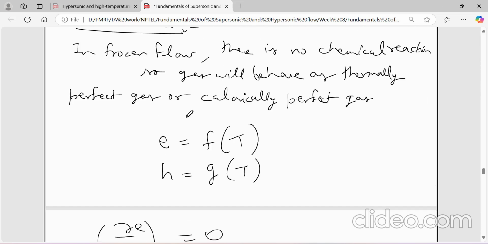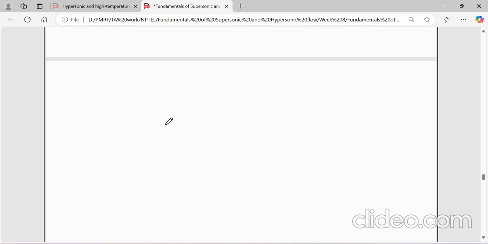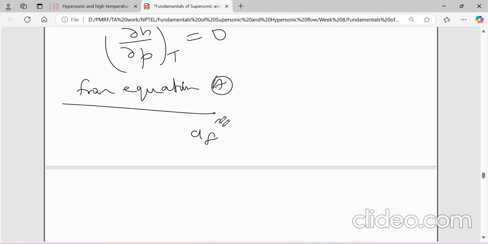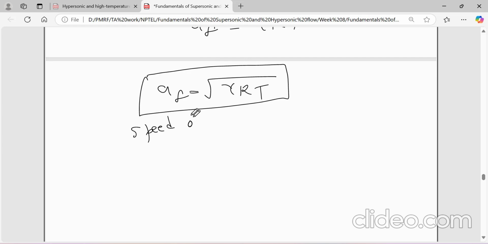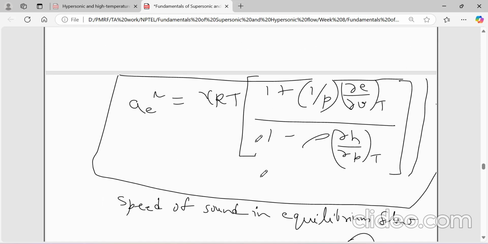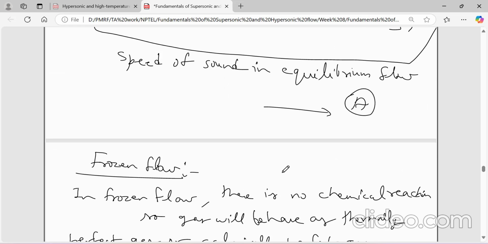So this A E also we will write as A F. So we'll get A F square equal to gamma RT, or simply A F equal to under root gamma RT. This is speed of sound for frozen flow. Frozen flow, or you can say for chemically perfect gas or thermally perfect gas also. Similarly, this speed of sound is for chemically reacting gas also.